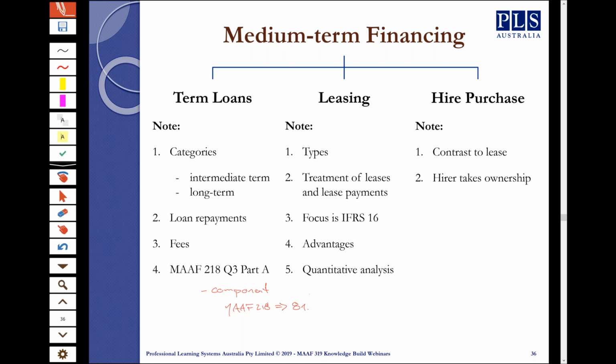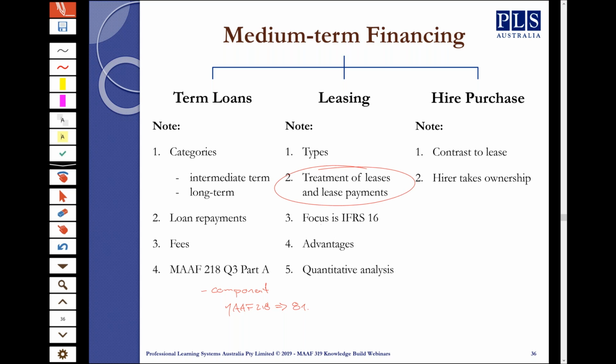From a leasing perspective, just make sure you're comfortable with the different types of leases being represented and that you understand the logic of IFRS 16, especially from the lessee perspective. Don't get too caught up on this from the lessor perspective and understand the advantage, and there's a quantitative analysis.